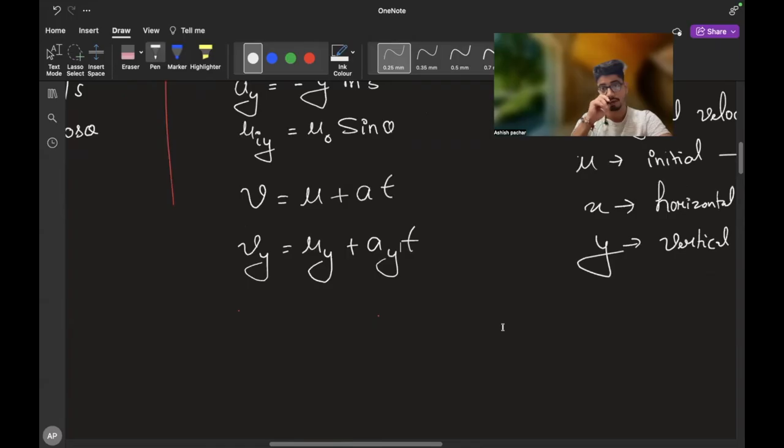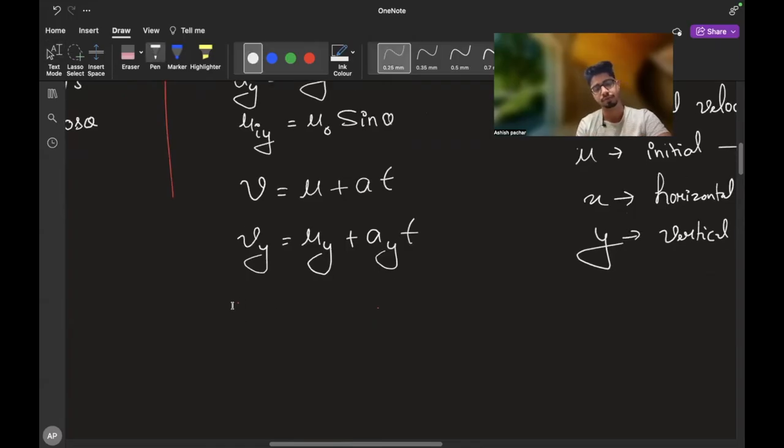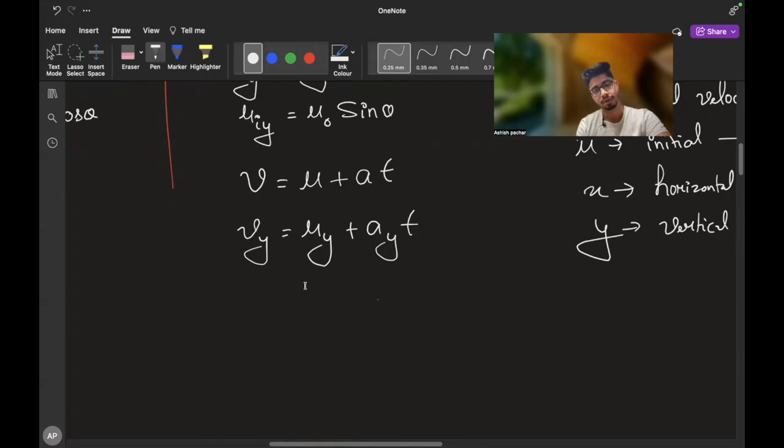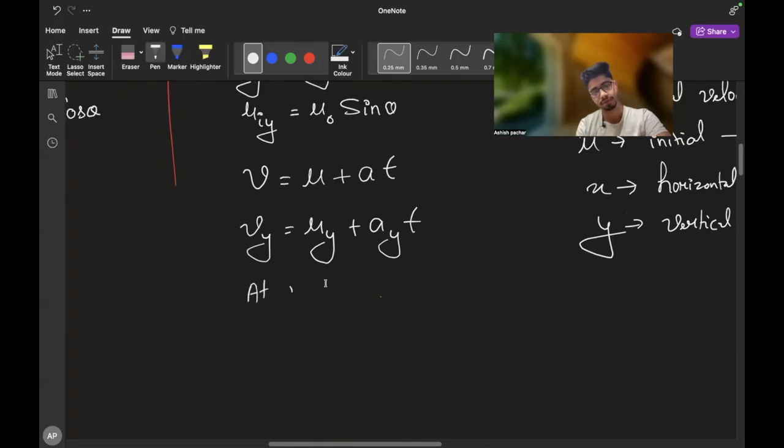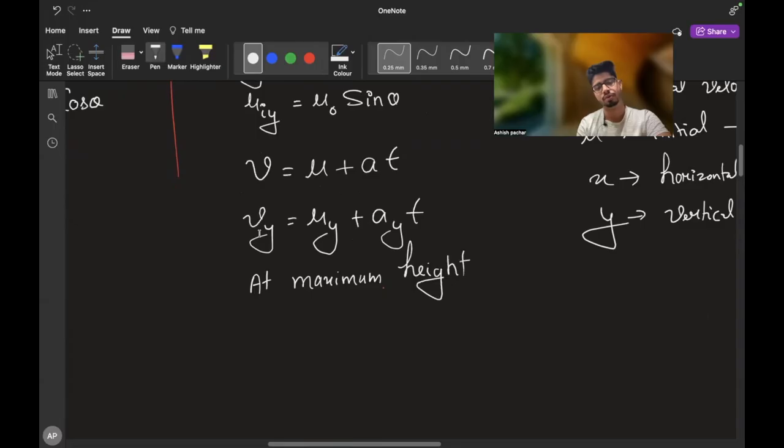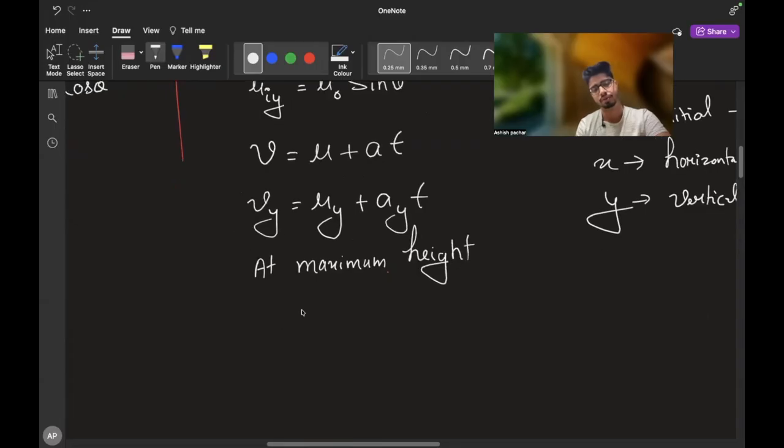Now, this is the vertical velocity component at the peak value, at maximum height, and this velocity component becomes zero.